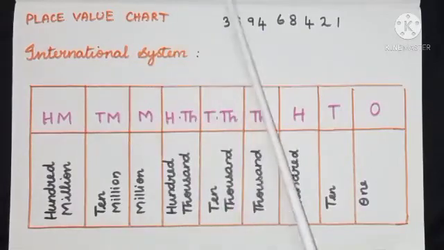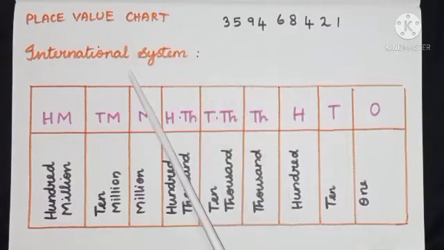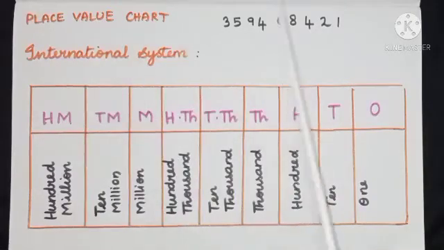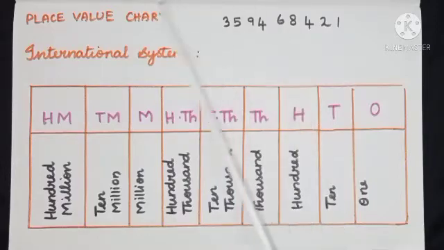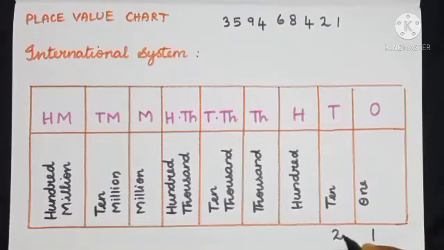Students, similarly read this number in the international system. Yes, you have to use the place value chart. 1 in the place of ones, 2 in the place of tens, and 4 in the place of 100.